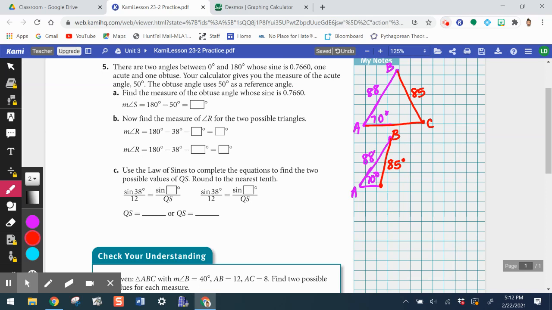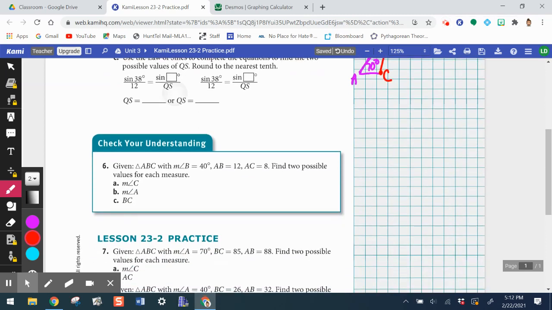I'll label that B, we'll label this C. Again, it's the two possibilities based on the ambiguous case of the law of sines. And it's because of side-side-angle. That's the issue here. It all goes back to what we learned about triangle congruencies.